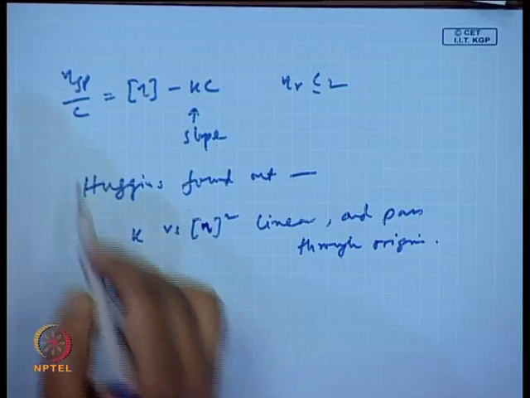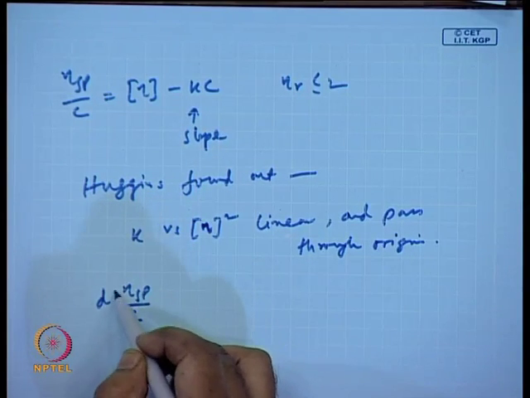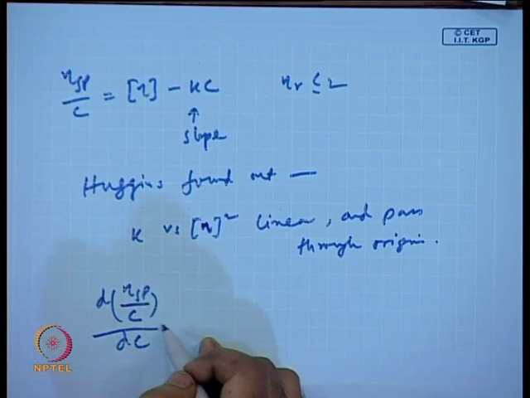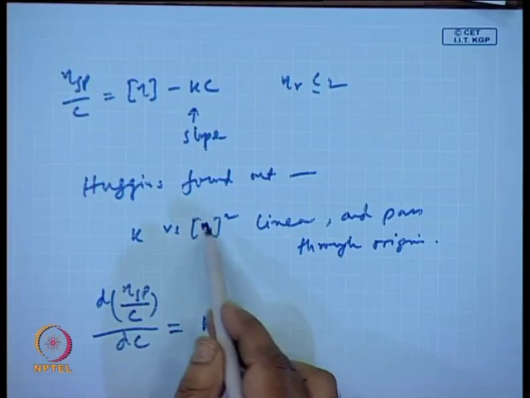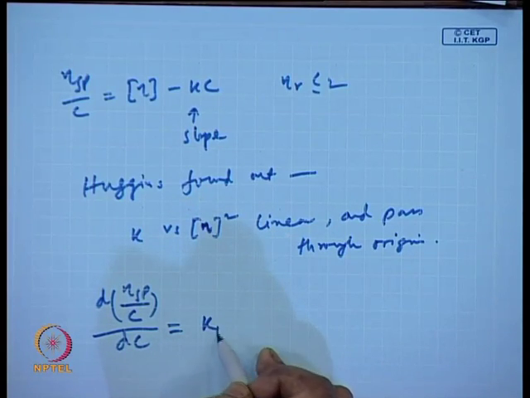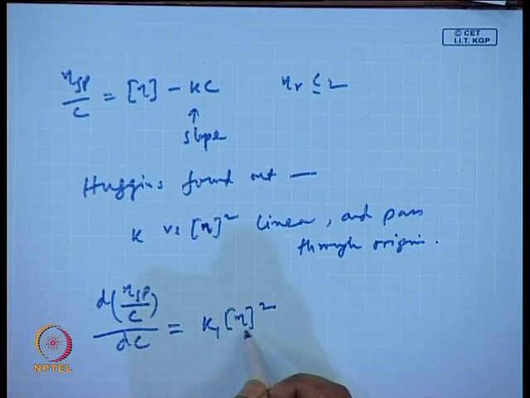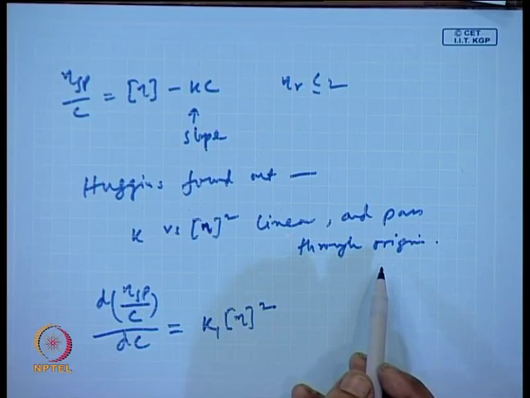So, we can write d(eta sp by C)/dC, this is the slope k, that is proportional. So, I can put another constant k1 and eta squared, because there is no constant term, since it passes through the origin.